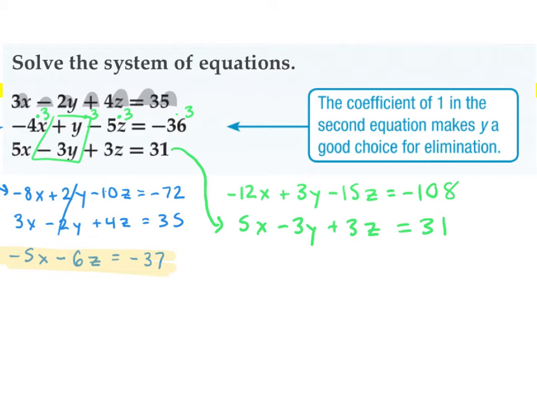And now I do the same thing. I'm going to combine everything to eliminate the y's. It's super important: if we eliminate y's in the first two, we have to eliminate y's in the second two. So we combine. What is negative 12x plus 5? Negative 7x. What happens to our y's?